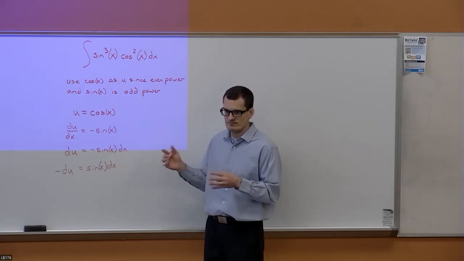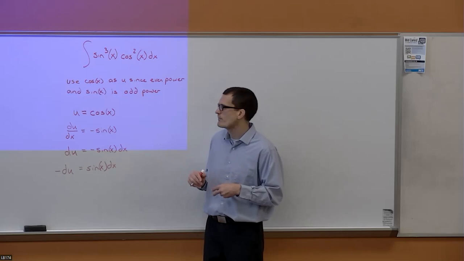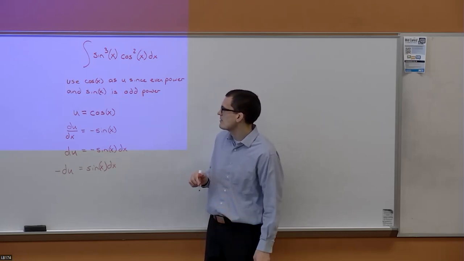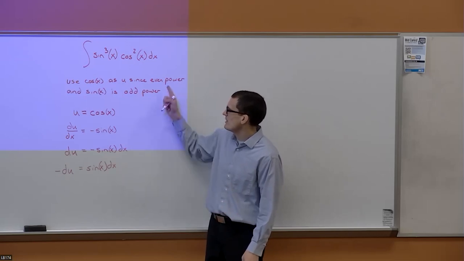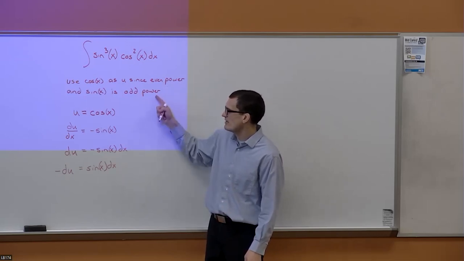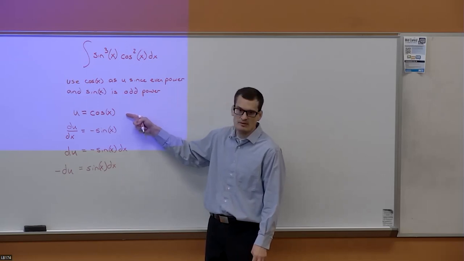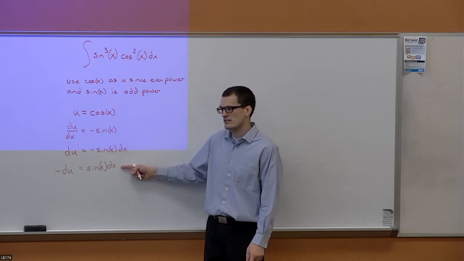You can actually technically use both. But if one is an even power and the other is odd, then the even power becomes your u. The odd is going to be in the du.